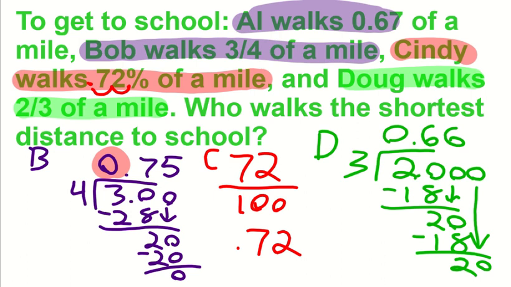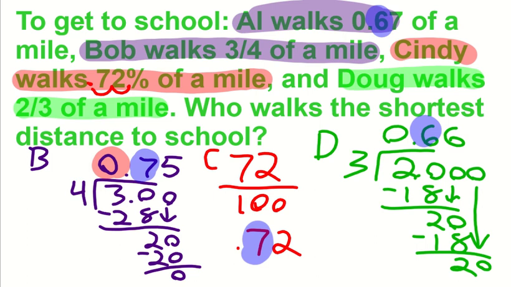When we look, what we are looking for are place values, okay? So for Al, all of these are 0 point something. So Al, we got 0.6, we got 0.7 for Bob, 0.7 for Cindy, we got 0.6 for Doug.